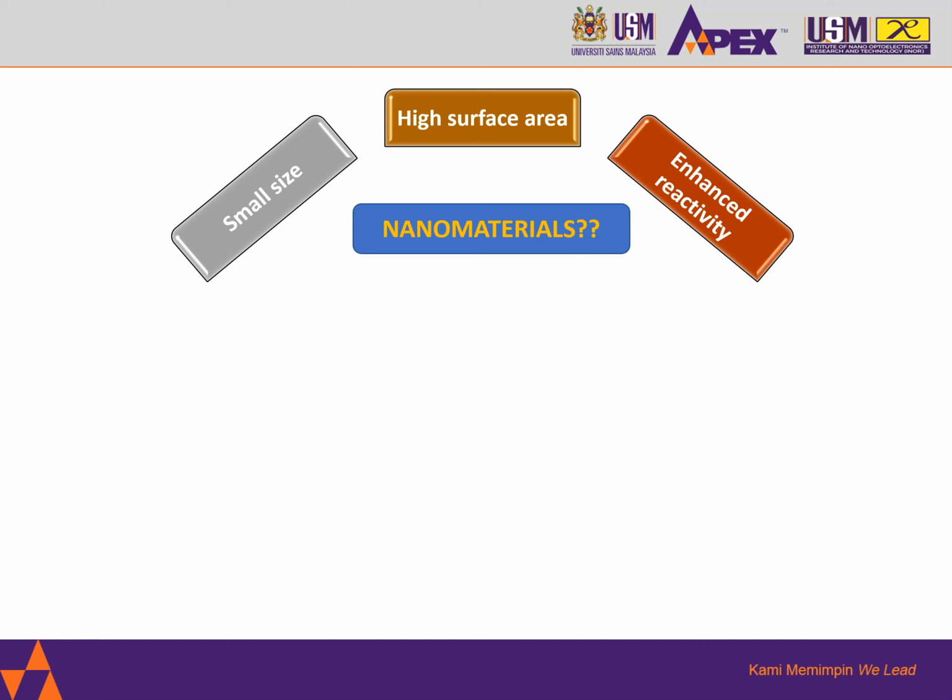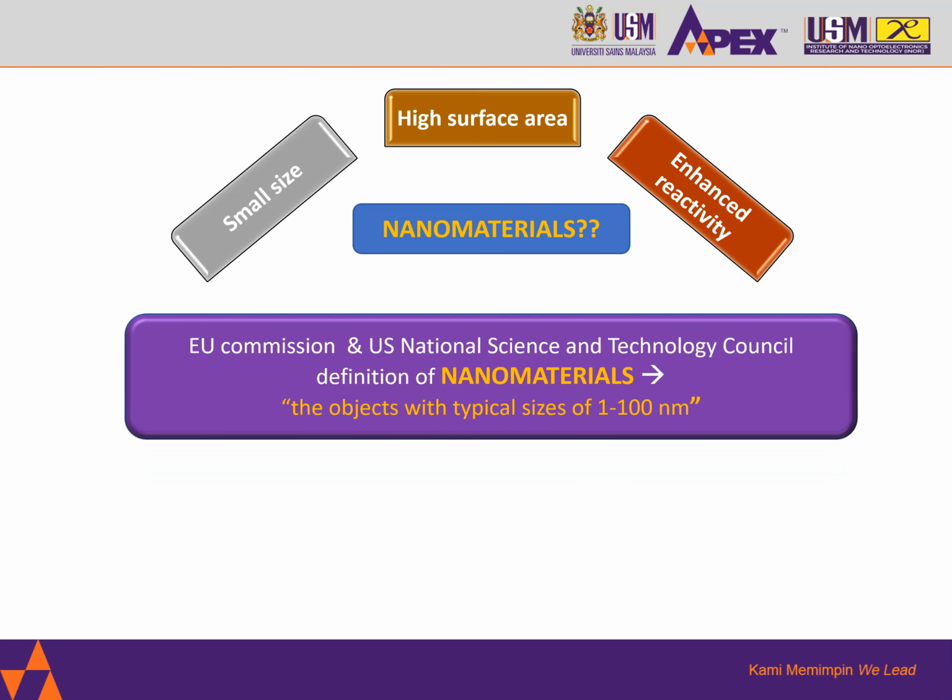According to the European Commission and also the US National Science and Technology Council, the definition of nanomaterial is an object with a typical size of 1 to 100 nanometer. But this is not necessarily agreed by everyone working in the nanotechnology field. Some set the requirement that at least 50% of the material needs to be between 1 to 100 nanometer for it to be considered nanomaterials.